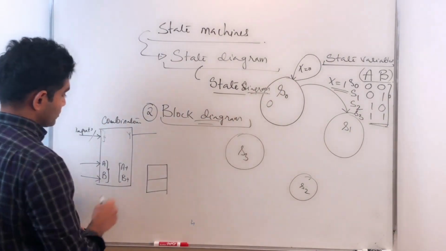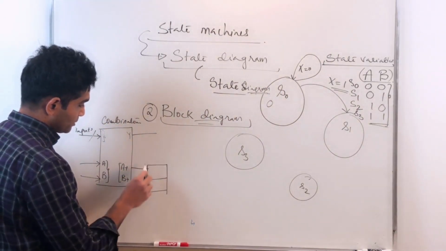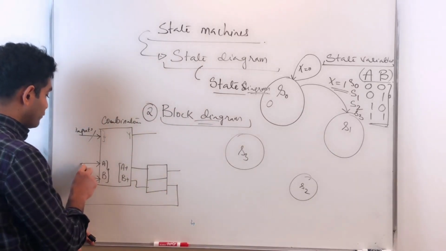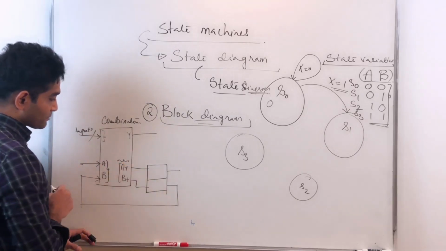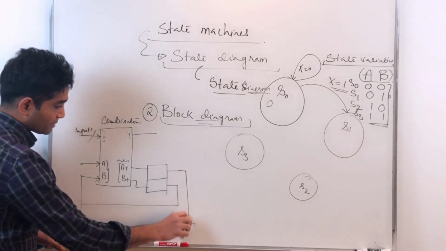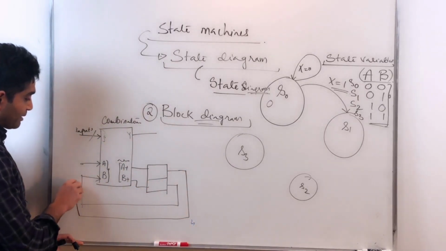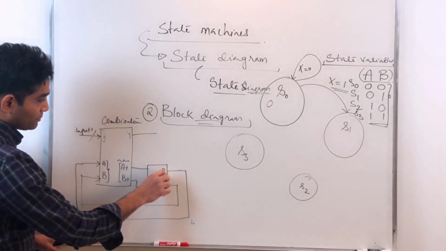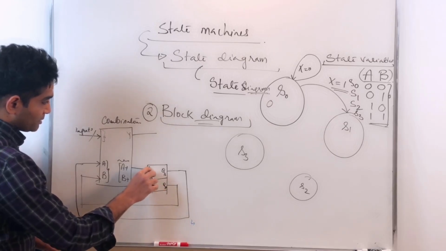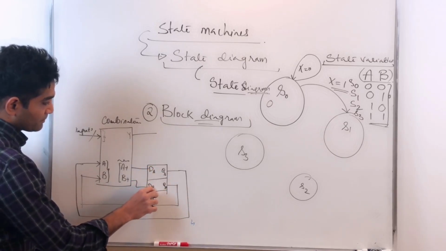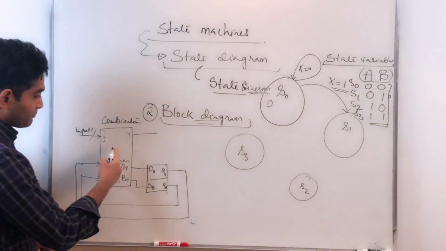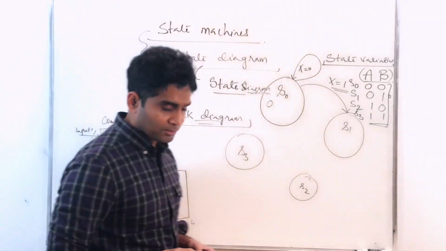These outputs go into the inputs of the flip-flops, and then you have this feedback, so that in the future, my future state becomes the present state. That mechanism is signified by this feedback. So that's my Q A, Q B. This is my DA, DB. My future state becomes my present state by this feedback. So that's the basic block diagram that you should remember.